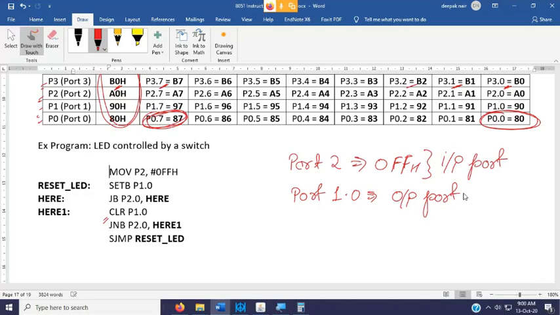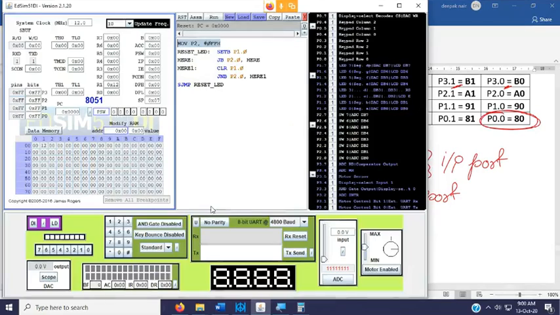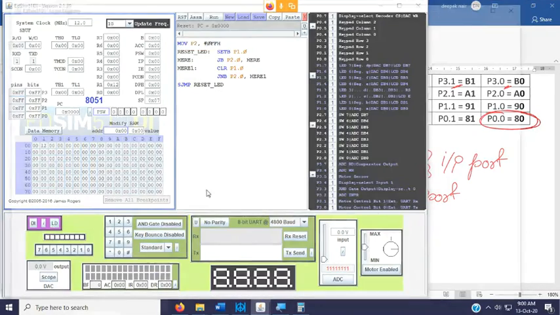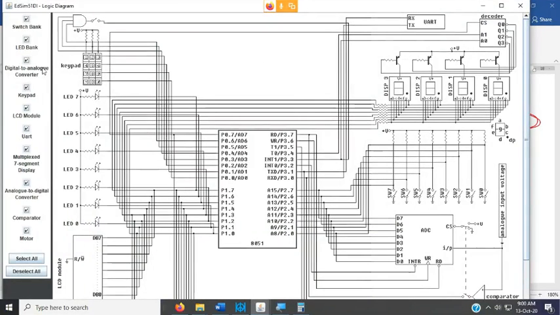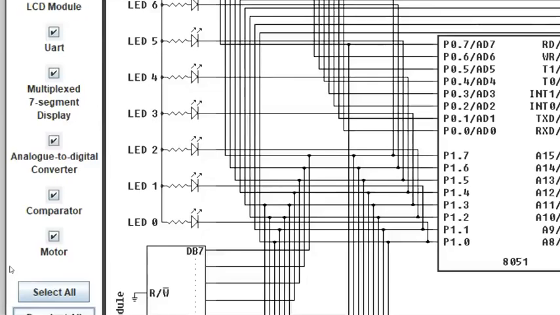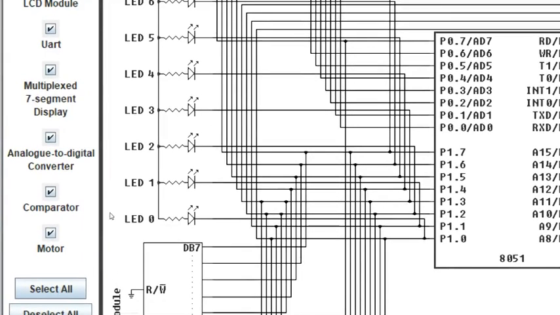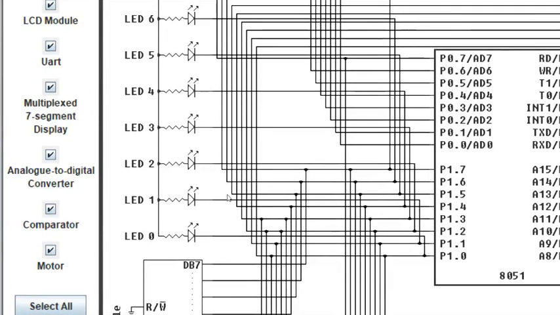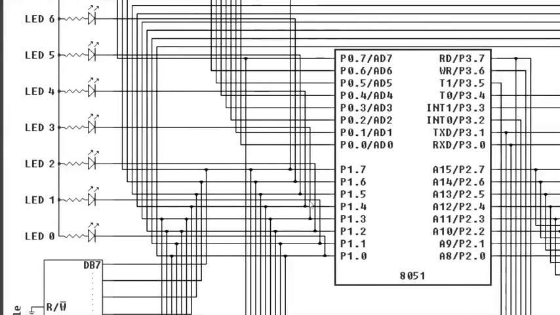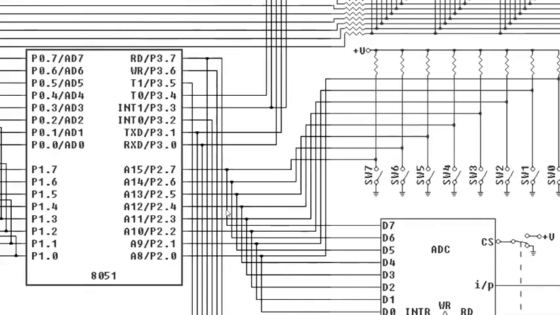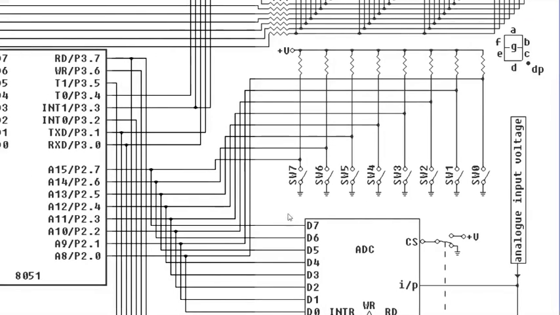Now the question is why we are choosing port 2 to be an input port and port 1 to be an output port. For that you can go and check the schematic. Here you can see port 1 is connected with LEDs, so port 1 is going to provide you output, whereas port 2 is connected to switches, and definitely switches are going to act as input.